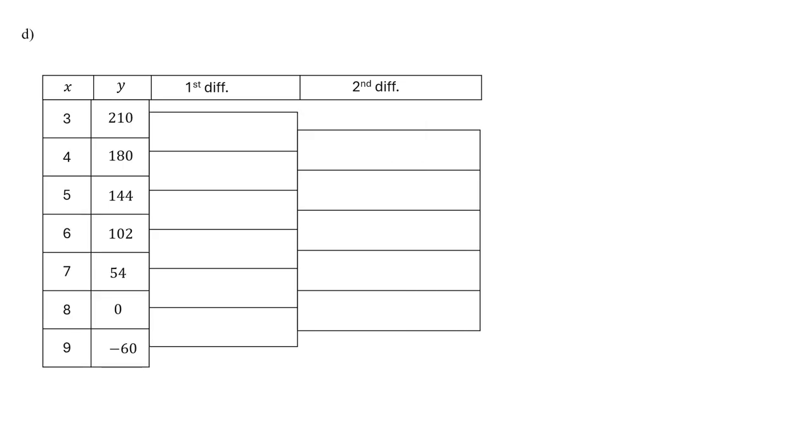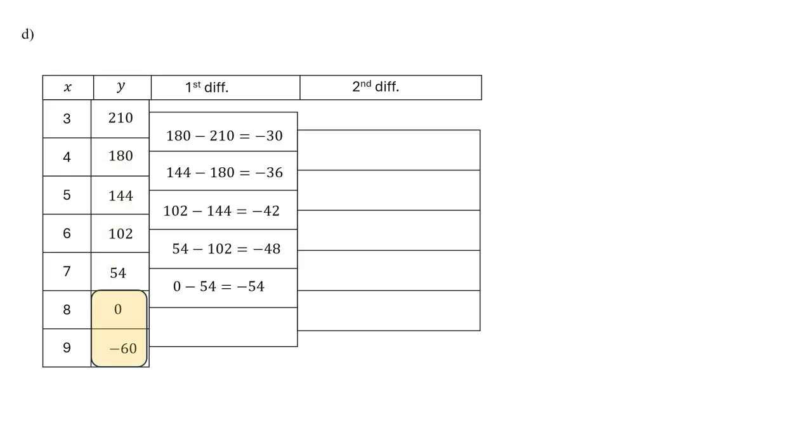Next one. Let's find our first differences for this particular series of coordinates. First difference, -30, -36, -42, and so on.